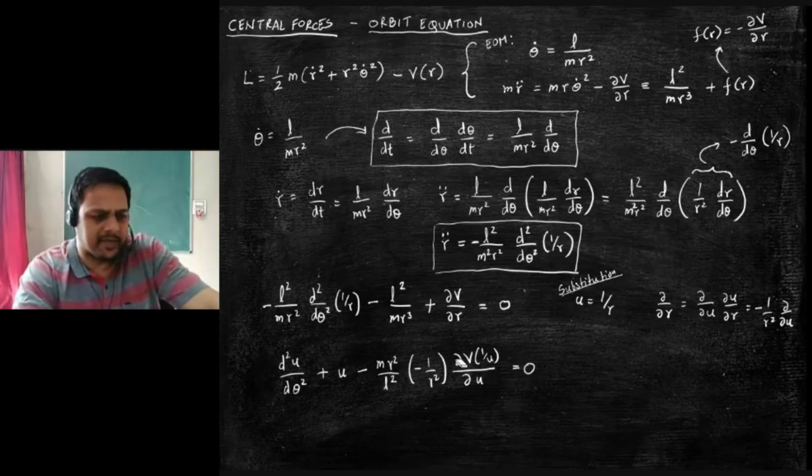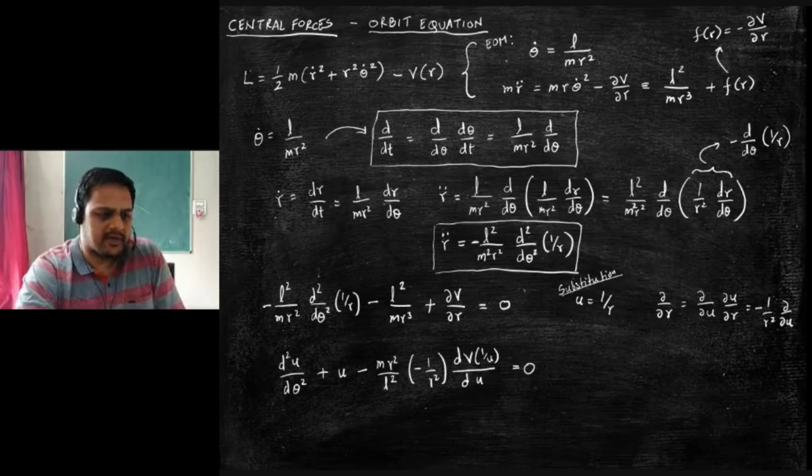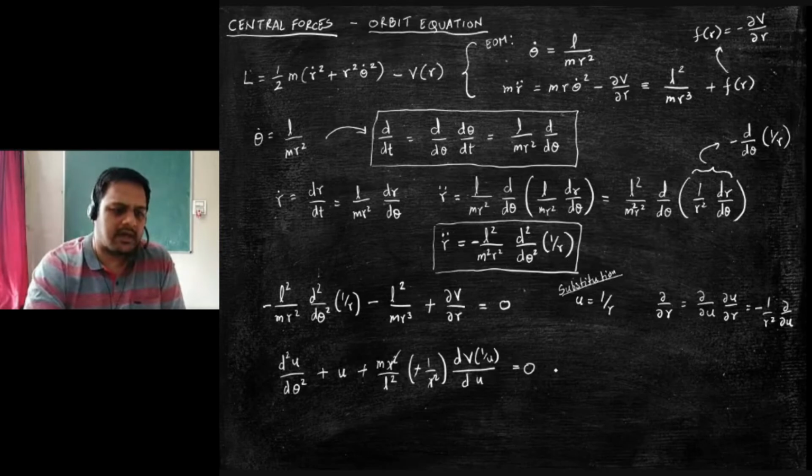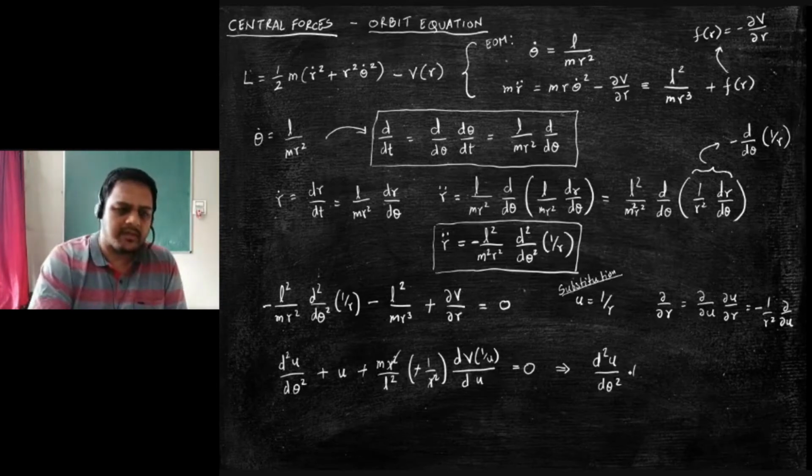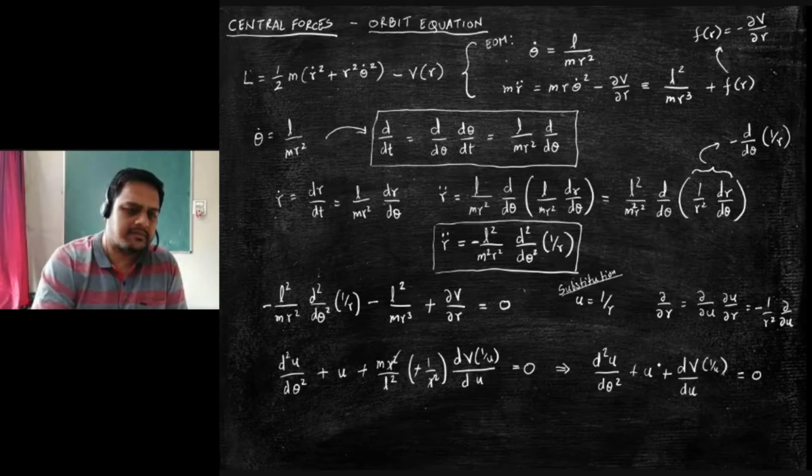As I said, we can dispense with the partial derivative and call it a total derivative because it is only a function of that variable. The minus sign cancels, the r square cancels, and you are left with an equation of this type: d square u by d theta square plus u is equal to 0.